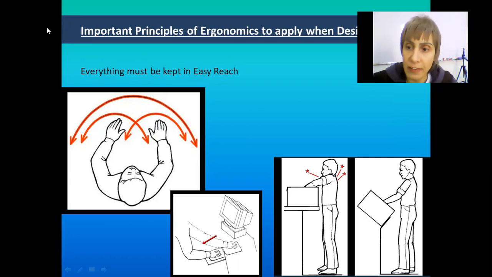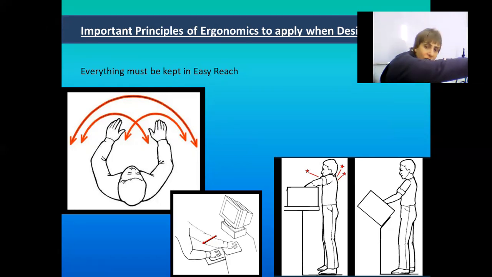So if it's not easy to reach, I will have to bend my body in a way that is not natural. And this will go against principle number 1 that we discussed. We need to keep our bodies in a natural, healthy position. So if I have to reach and bend my body in unnatural ways, this will cause me health problems.